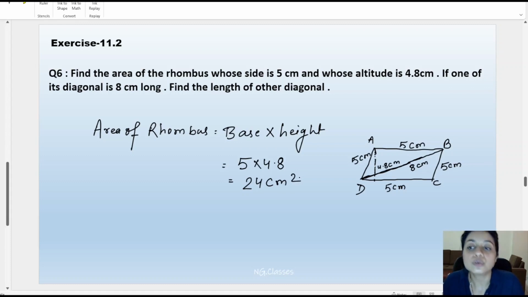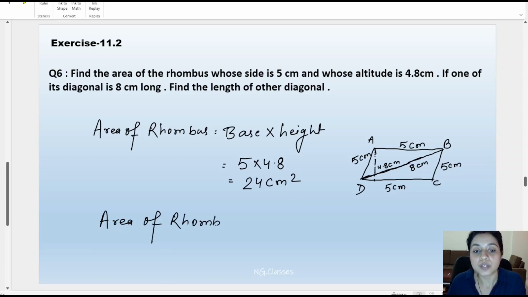Now we also know that for the area of the rhombus, we have one more formula in terms of diagonals, that is 1/2 times D1 times D2. So let's use that formula. The area of the rhombus can also be found as 1/2 times D1 times D2.